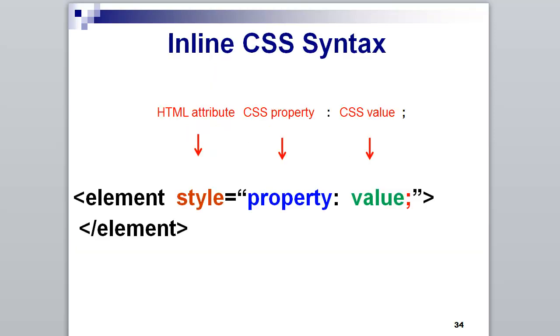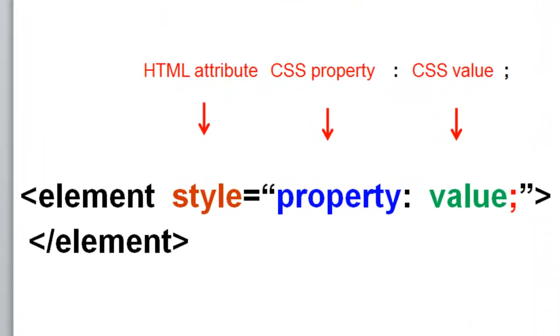I would like to point out a little bit about the inline CSS syntax that we saw in the previous example. So when we call CSS from inside any HTML element, we're calling it with a style attribute, that is an HTML attribute, and it is calling a CSS property set to a CSS value.